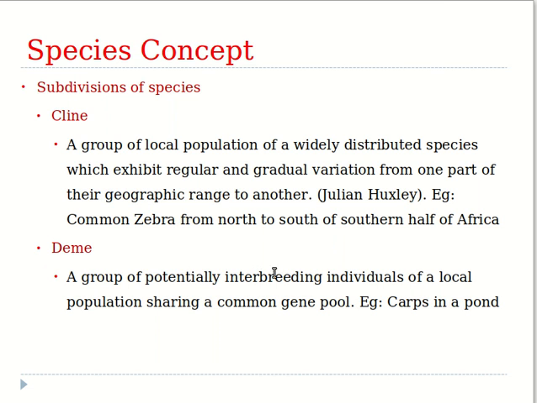The next subdivision of species is Deme. Deme is a group of potentially interbreeding individuals of a local population sharing a common gene pool.